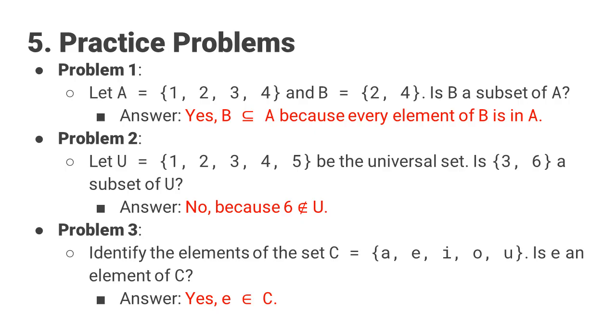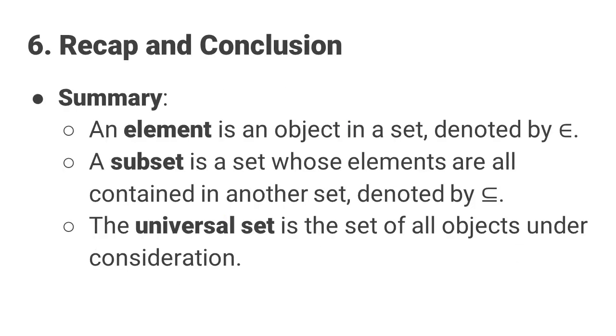So if I ask you, is W an element of C? You will check and see if the set C contains W. No, so therefore W is not an element of C. So we just made sure that we know what an element is.